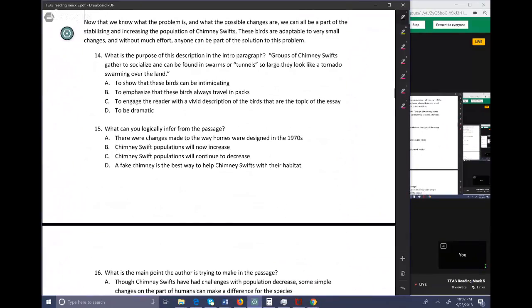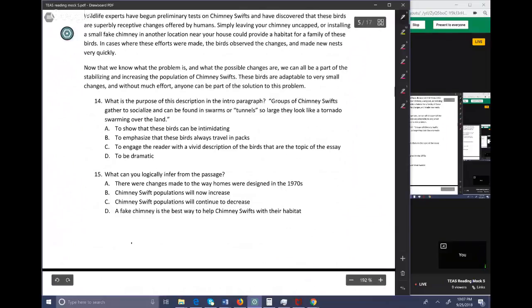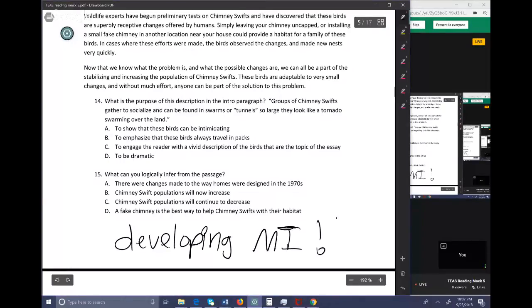So this is one example I just want to point out of a developing main idea. And you may have realized this while you were in the passage. You may have realized it during your questions. You may be realizing it because I just said that. And of course, the fourth option, because there's always 4 options, is you may realize it after I say this.